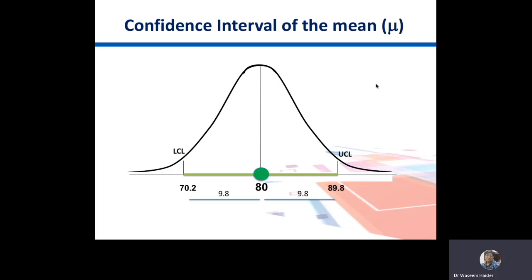So the margin of error we calculated in this example was 9.8, that is 9.8 on both sides. Correlating this margin of error E with the width of the confidence interval, we can say that width is equal to 2 times E, 2 into 9.8, which is equal to 19.6 in this example.